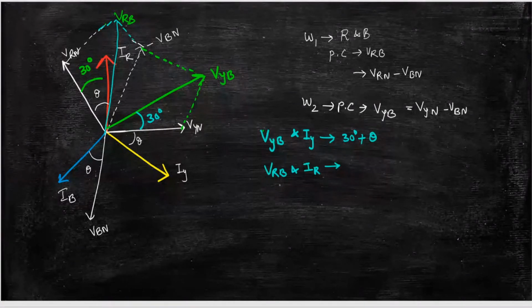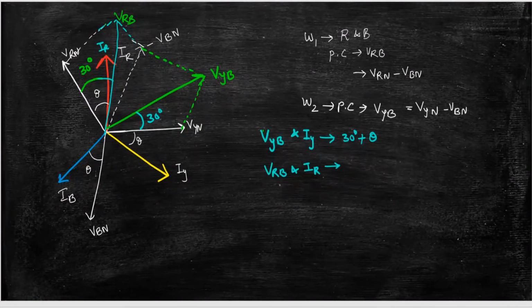So this is your 30 degrees. So this is your IR. If you want to know the angle between VRB and IR, it is 30 degrees minus theta. 30 degrees minus theta.